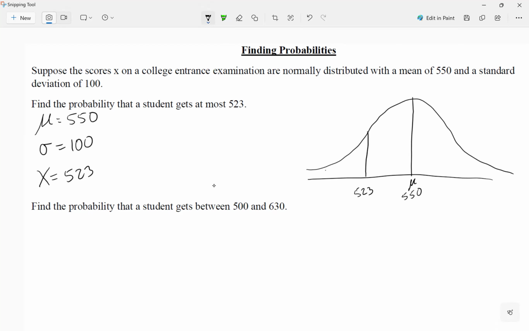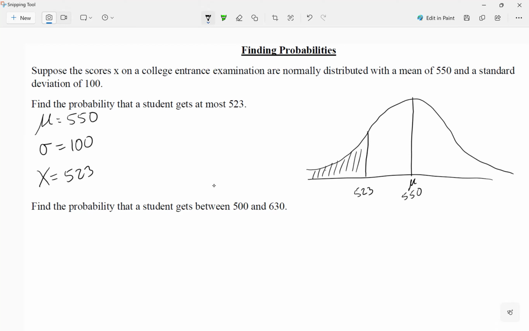And it says at most. Does that mean more than 523? Does that mean less than 523? Well, at most means 523 or less. So I'm looking for this probability here, and that gives me an idea what to look for.